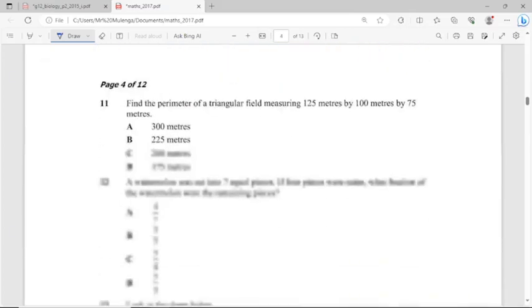We now come to the next question, which is question 11. Question 11 reads, find the perimeter of a triangular field measuring 125 meters by 100 meters by 75 meters. So here we are looking at a triangular what? Field. Triangular field, we are looking at a triangle.